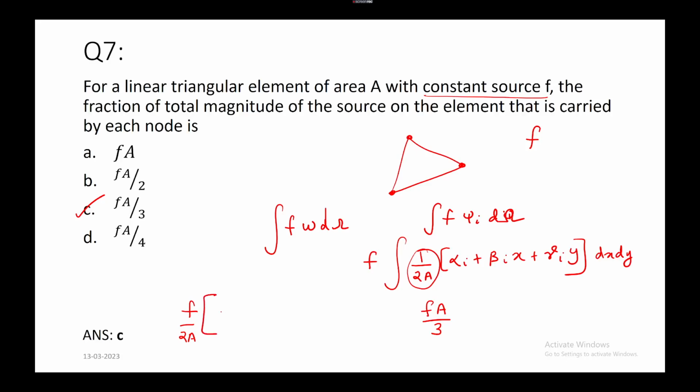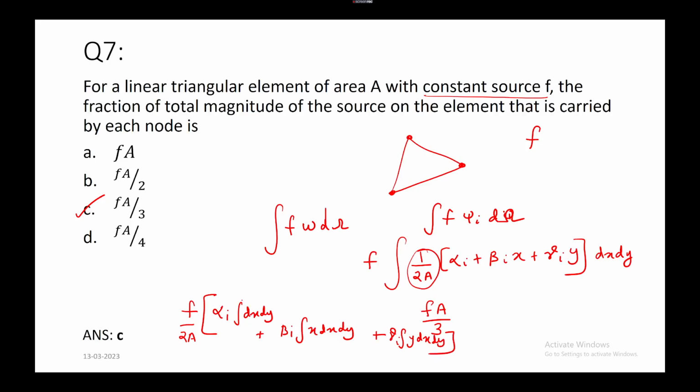Okay. So if I simply integrate, it will become integral dx dy. Then if I take beta I, it will become x dx dy. Then if I take gamma I, it will become y dx dy. Correct?